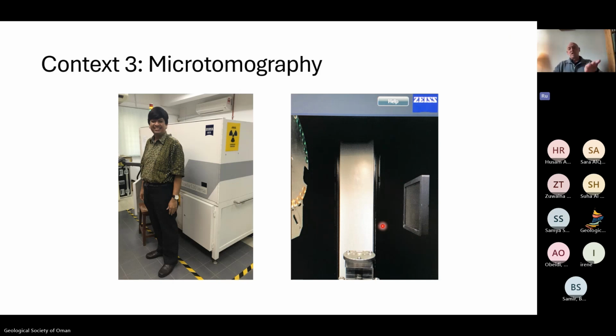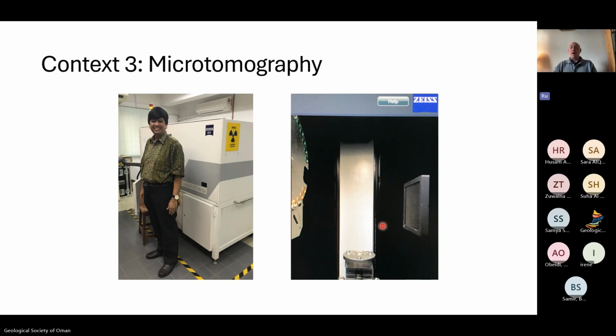On the left is an X-ray source, and we direct a beam of X-rays to our specimen, which sits on the stage in the middle there. And then there's a sensor on the right. What you do is you rotate the specimen through a full 360 degrees and take images at very small increments.